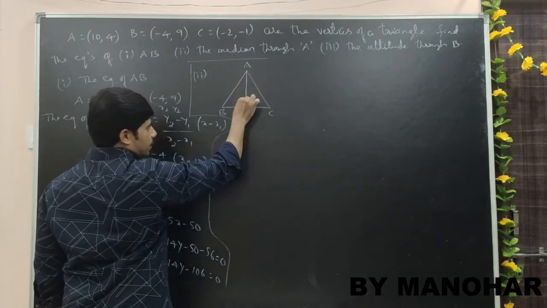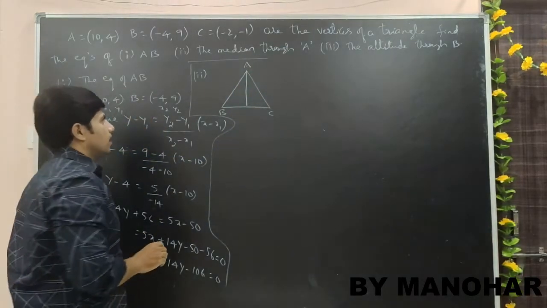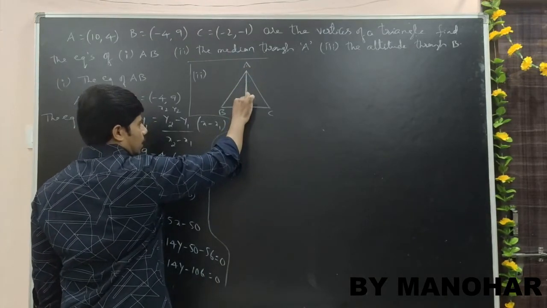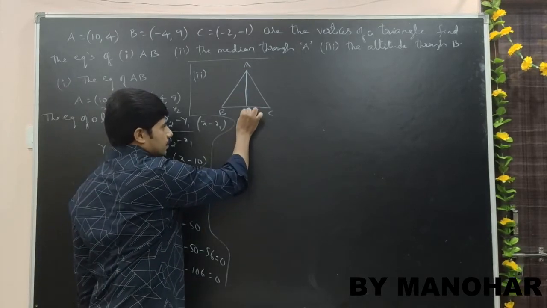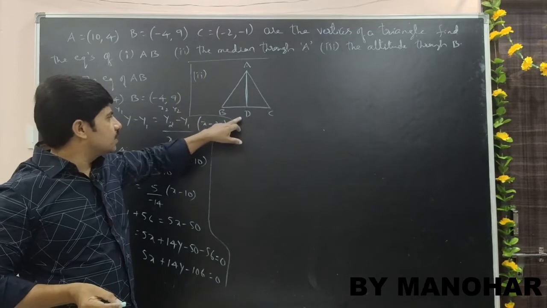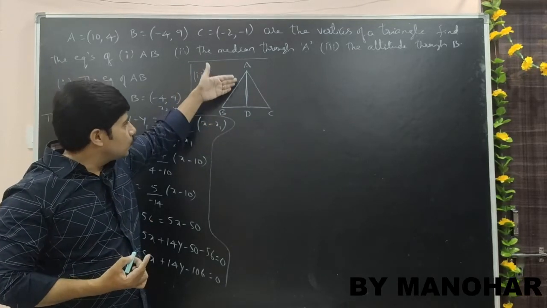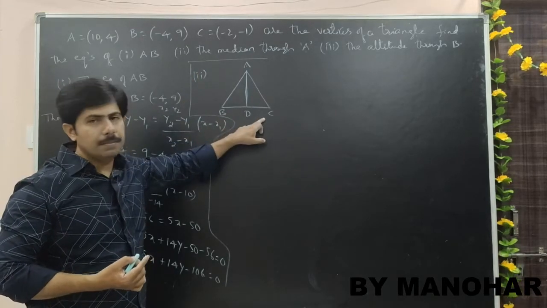This is the median. Right? Median through A. So median through A means from A you draw one line which touches BC at one point called D. So this D will become the midpoint of BC.